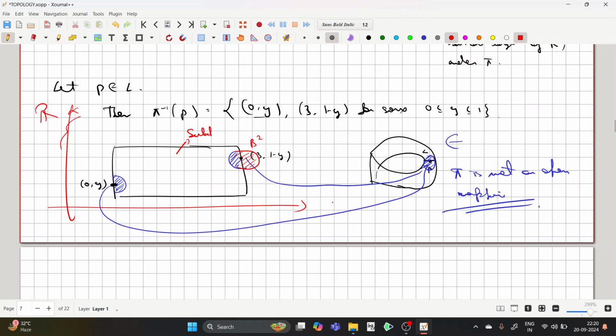Since I am having a subspace topology on R, suppose this open set is given as, let's say, U. So I am having U intersection R to be the open set B2, right? That's why I am getting this half open disk to be open in R, but a half open disk won't be open in this Mobius strip, right?